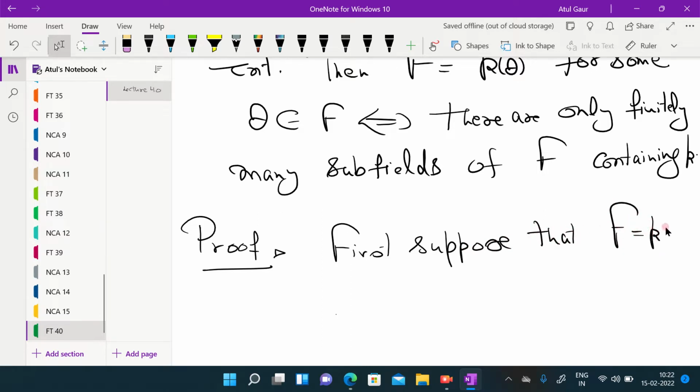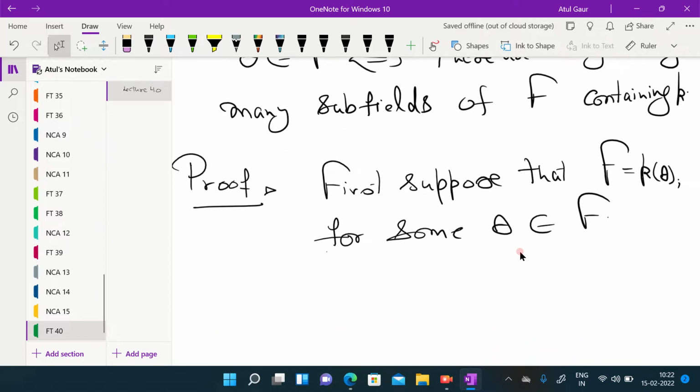That means F is K(theta) for some theta in F. What I want to show is that there are only finitely many subfields of F containing K. That means there are only finitely many subfields in between F and K. All right.